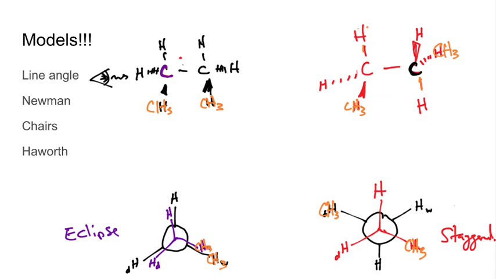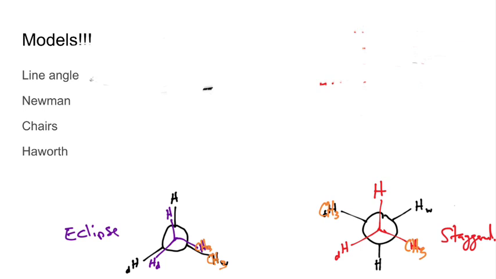So, I'm way out of space here. Can I delete all the stuff up top? I'm going to rotate this one. We'll leave the back carbon alone, so the back carbon is locked in place. Call out that orange.